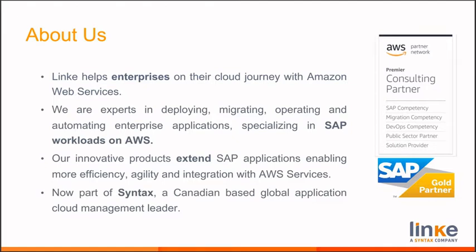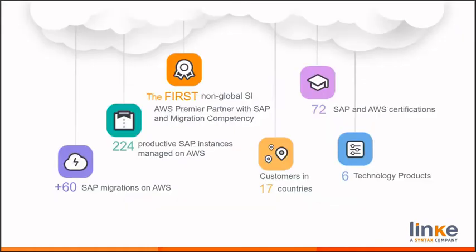Our customers range from the utility industry like Northern Gas Networks in the UK, Madrileña Red de Gas in Spain, energy companies like Engie or Galp in Portugal, or construction like Lafarge-Holcim. We were one of the first non-global SIs, being a premier partner and with some SAP competencies.